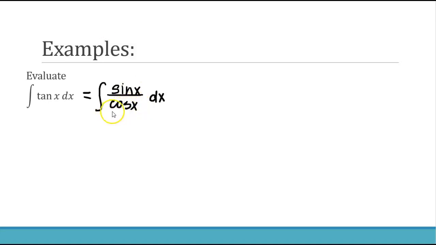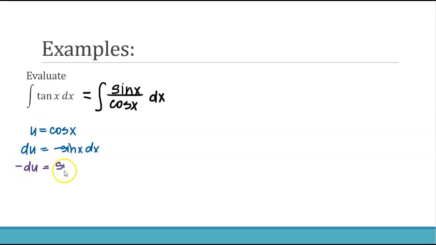And in this example, we're going to go ahead and now let u equal cosine x. And then we can see that when we take its derivative, so du is going to be negative sine x dx. And I do have at least a sine x dx. So what I'm going to have to do is just multiply that negative to the other side.